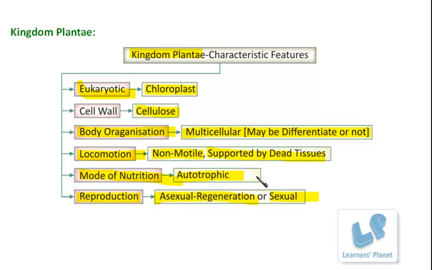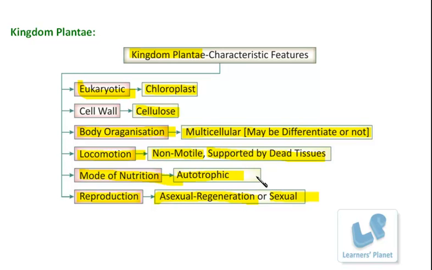So they can reproduce, and of course that process results in the formation of seeds also, right? Seeds will further grow and form the embryo, and from the embryo the new plant will be generated. So in short, plants can reproduce by asexual as well as sexual mode of reproduction. Fine. So these are the basic features of an organism which belongs to the kingdom Plantae.